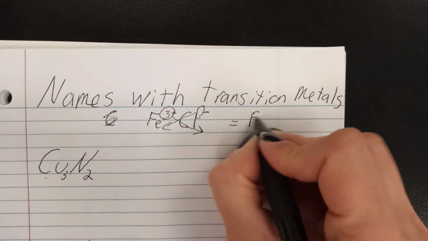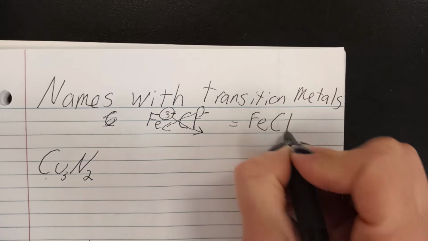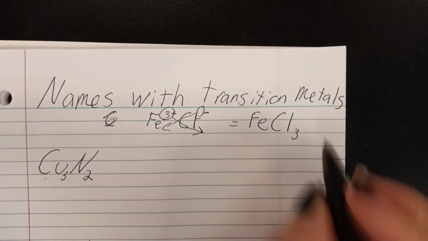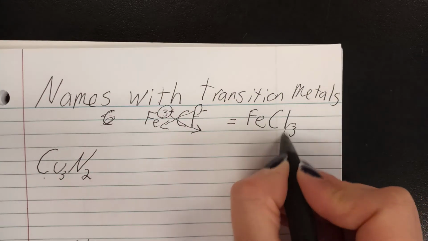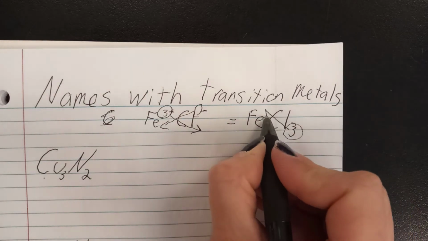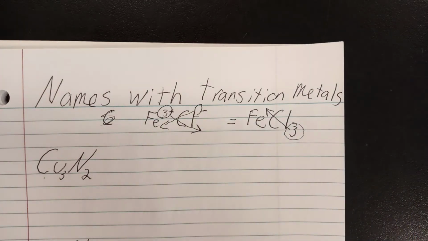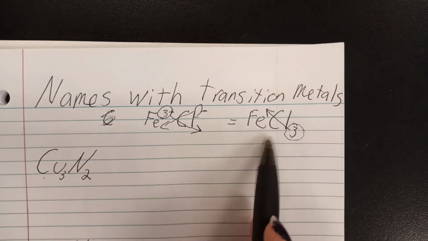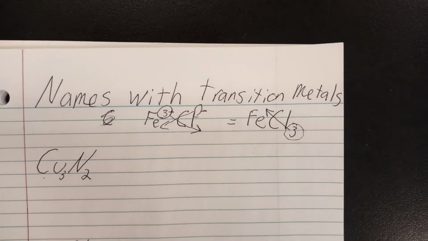So this would have been FeCl3, which means that this 3 right here on the other side of the chlorine, I can bring it back up to the iron to find that oxidation number. Now there's a few tricks along the way that we have to keep an eye out for, but basically that's all there is to it.